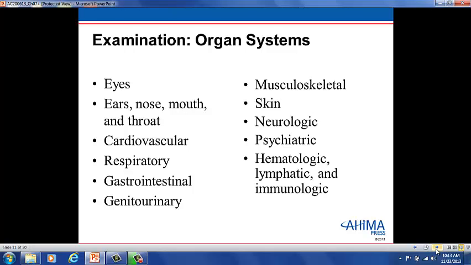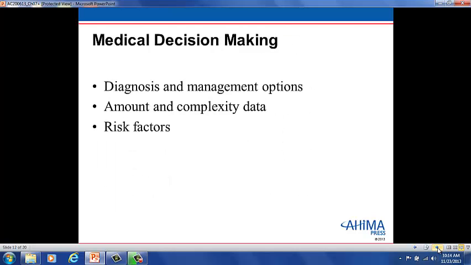So within the history, exam, and medical decision making, the exam would include the organ systems noted by the physician. Then the third key component would be your medical decision making. The physician would decide the diagnosis and then how to manage or treat this patient.